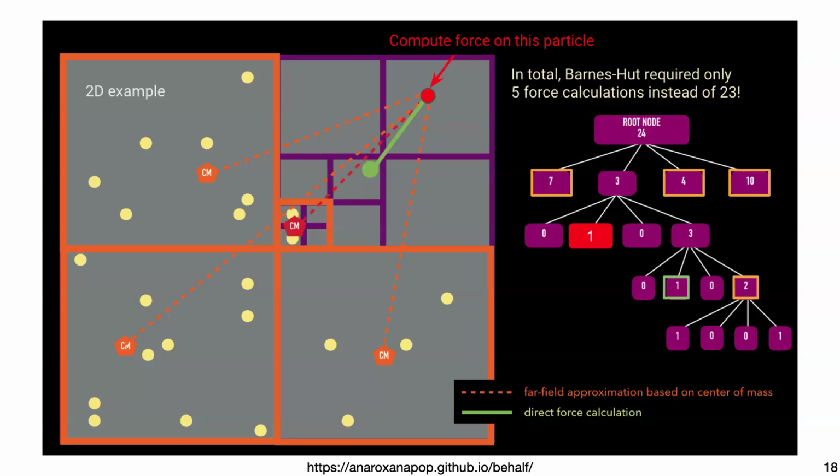And so again, recursively, this yellow box means that we use the center of mass approximation up to the given particle. And this green point is close according to d over r, and so we just use the direct computation of green onto red. But for every other point, it's captured by the approximation.